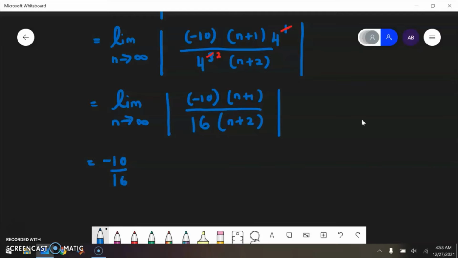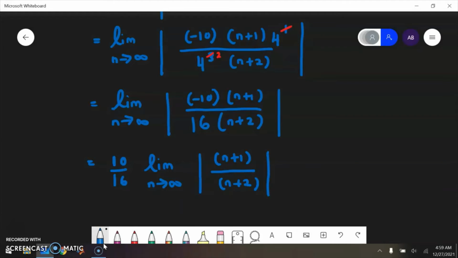Sorry, is that negative? No, there won't be negative because I have the absolute sign here. So be careful, students, you can make a mistake here. Because of the absolute sign, the negative term becomes positive, and then limit n approaches infinity of n plus 1 over n plus 2.